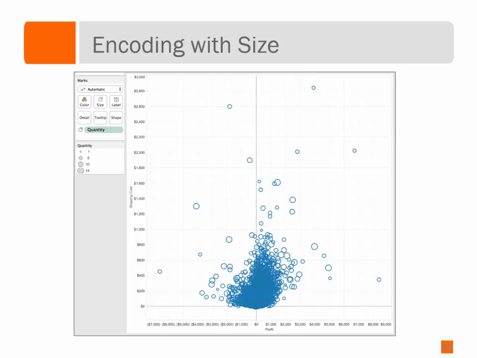What has been encoded here is whether the particular quantity is greater or lesser. If it's greater, we might have a larger circle that's like 14, 15 in size around, and if it's less, it might be a 1 or a 5 in size. So we have different sizes of circles to give us a sense of how much the quantity was in that particular data point.